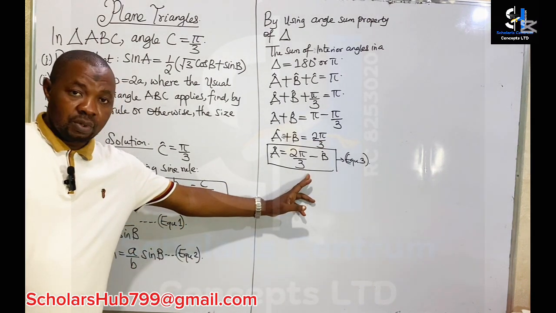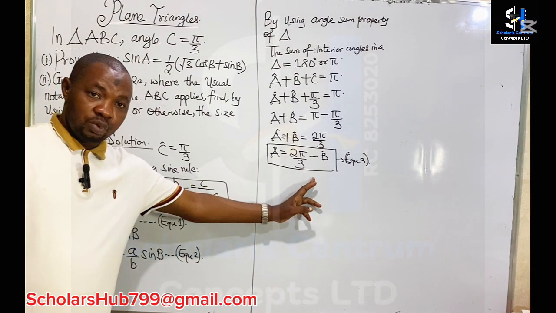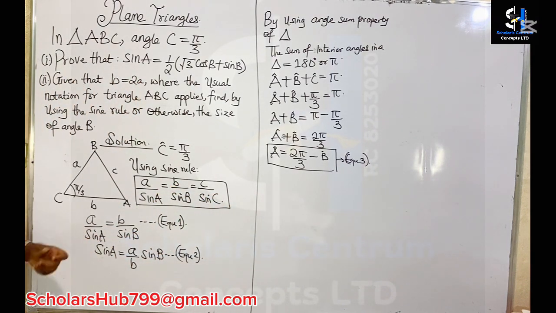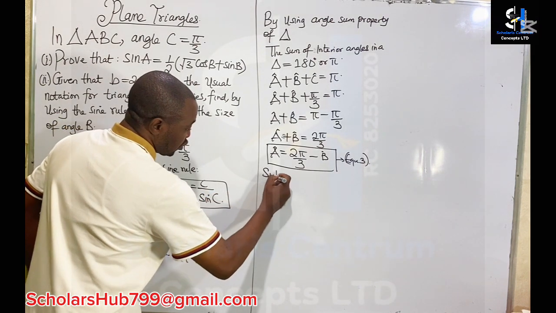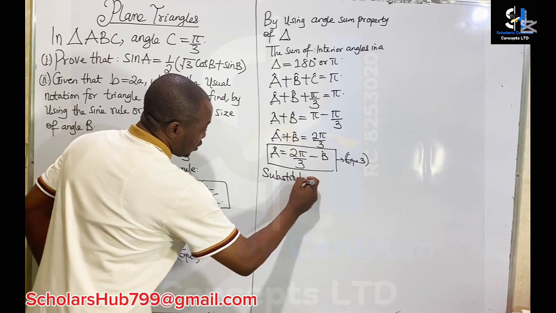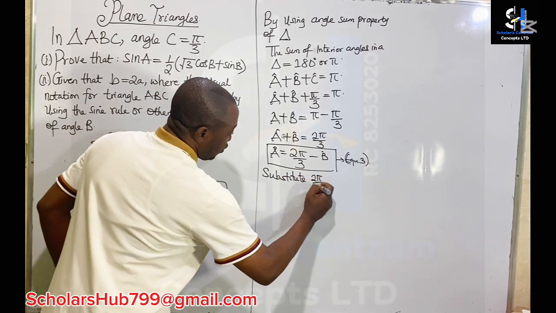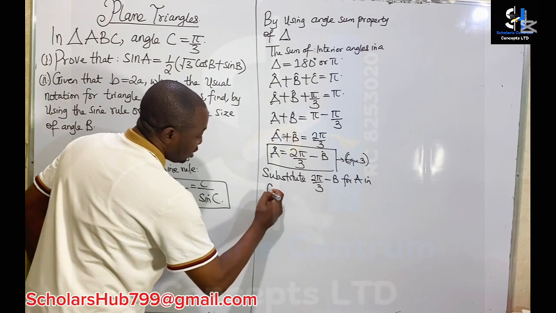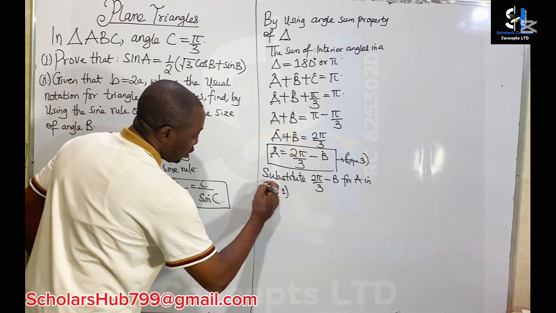Now for A, we are going to substitute this value in this equation. We're going to substitute 2 pi over 3 minus B for A in equation 1.